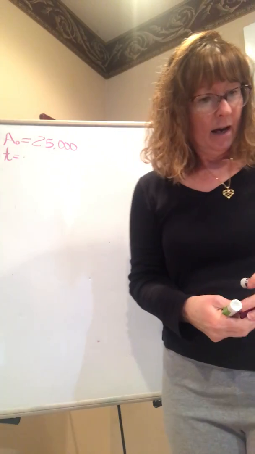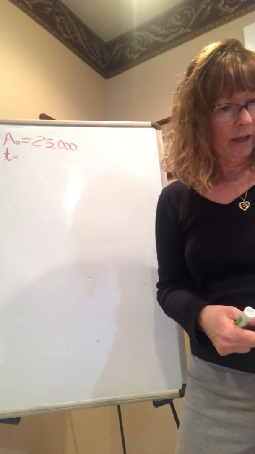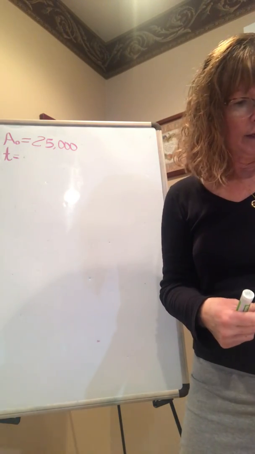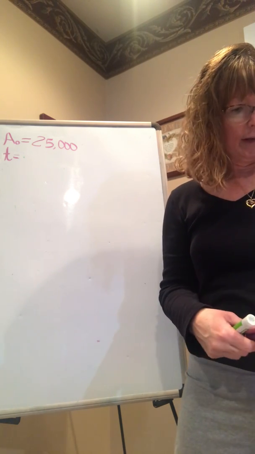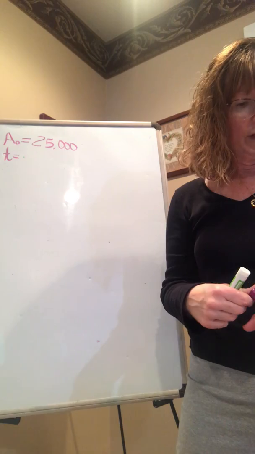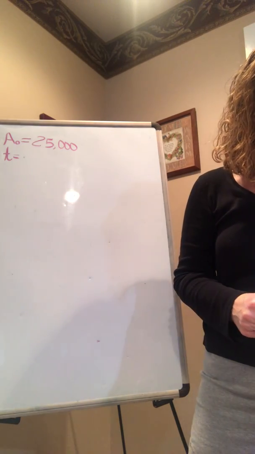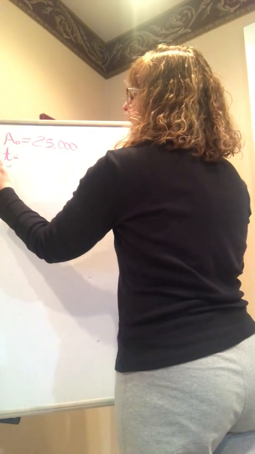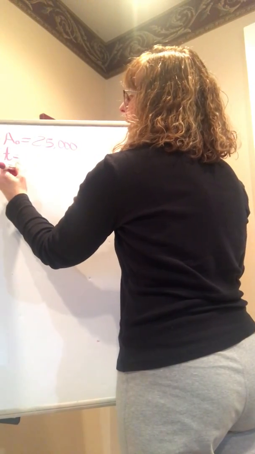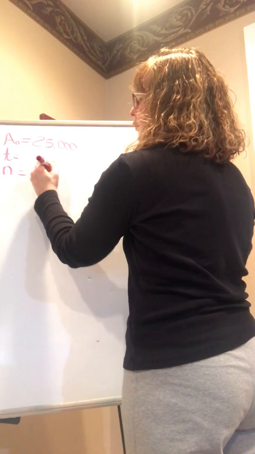And then she studied very hard and then landed an excellent job with a high salary and decides she doesn't need the money now. She decides to put the money into a mutual fund, earning 9.25% growth, compounding quarterly. So N is 4 because it's quarterly.